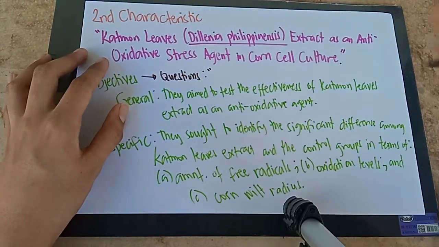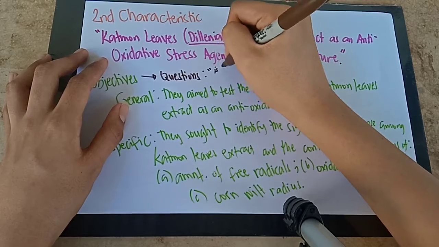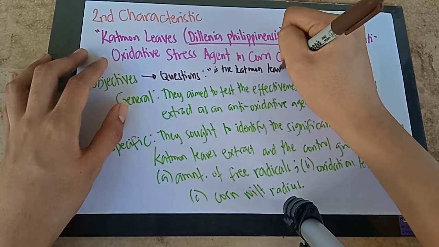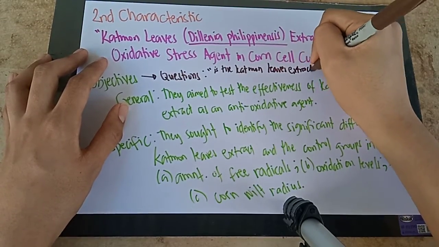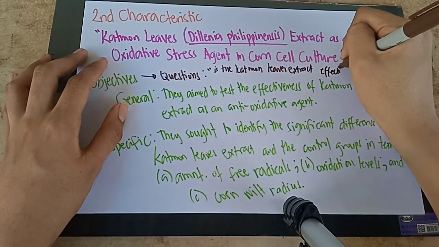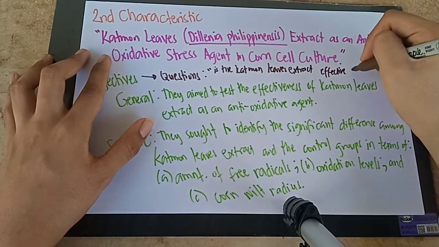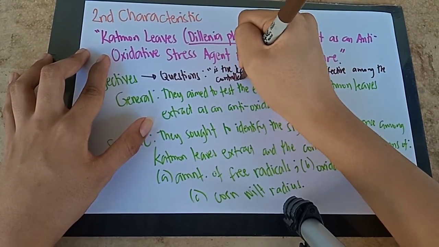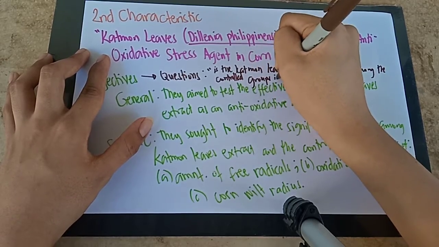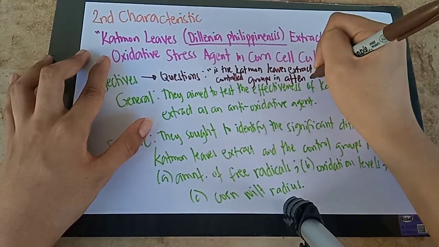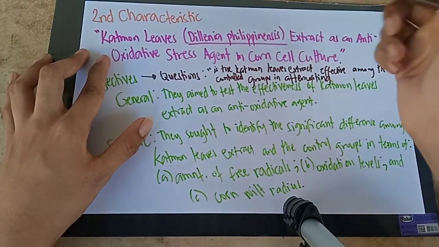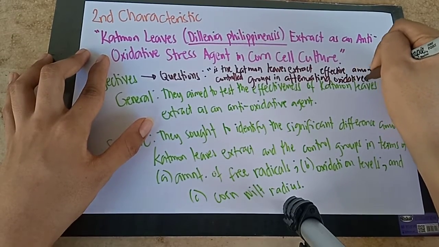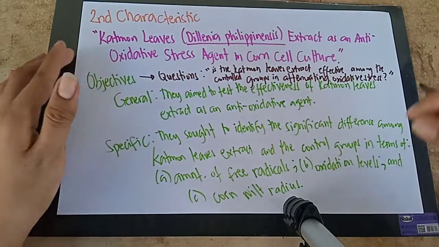So we can infer: is the Catmon leaves extract effective among the control groups in attenuating, when we say attenuating, eradicating, oxidative stress? So that will be our research question.